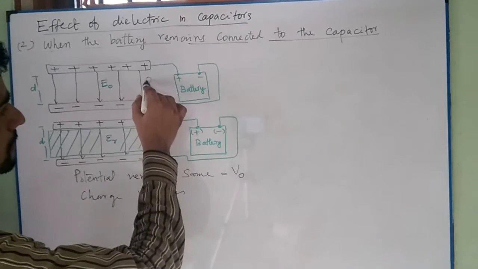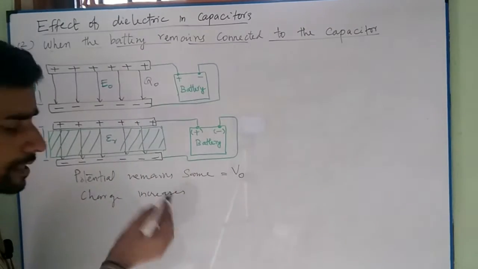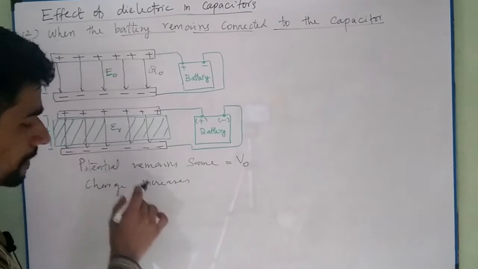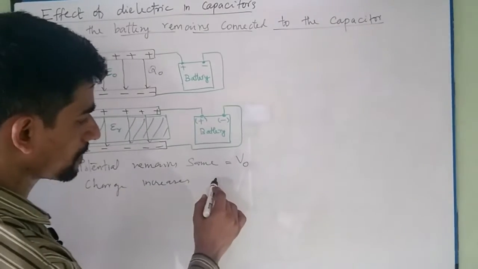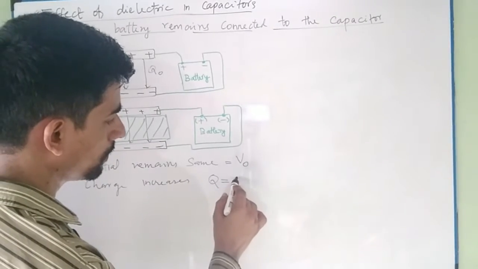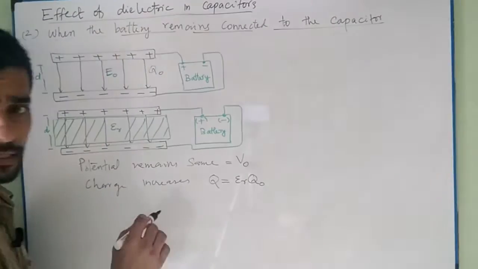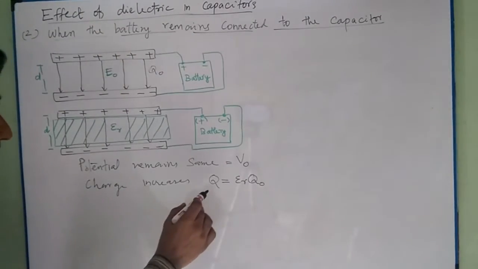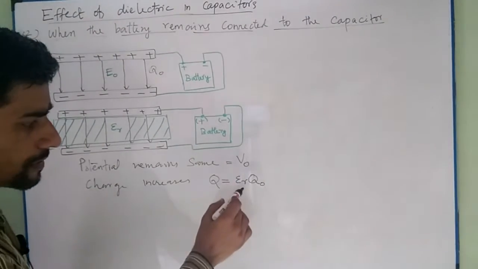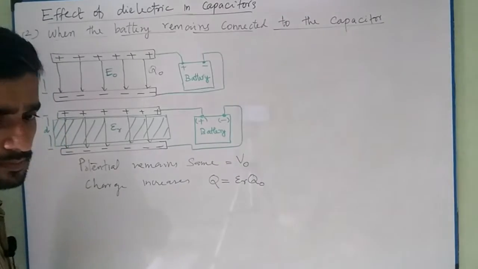Initially, the charge is Q0. When we introduce the dielectric, the charge Q is equal to epsilon R times Q0.